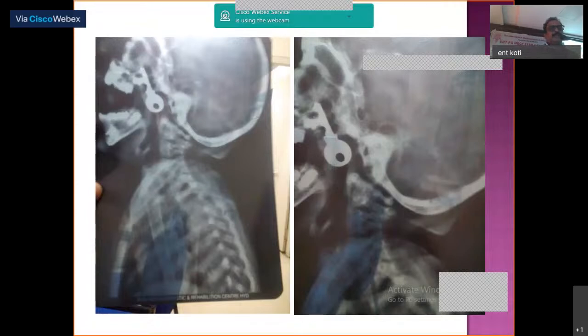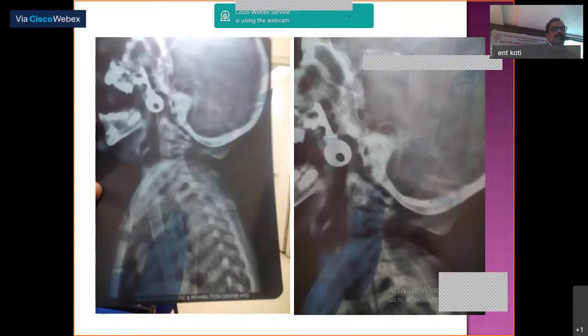Now, what is this X-ray? X-ray again of a child. You can see nicely the lateral part of the skull, neck, and upper chest. We were confused. The patient was saying foreign body, but we were not seeing anything in the oral cavity. So this was a key in the nasopharynx. You do come across this. I'm telling you, we came across a lot of foreign bodies where I was working here in the ENT hospital.